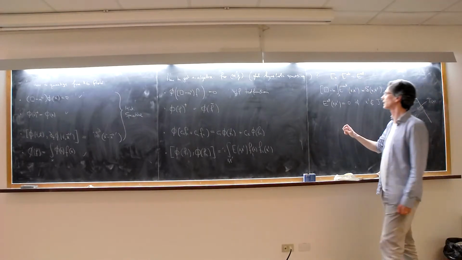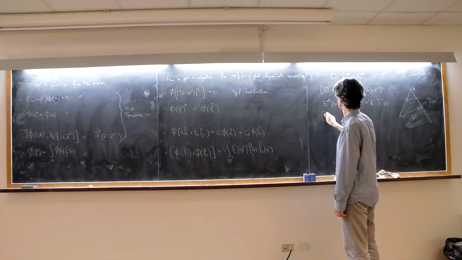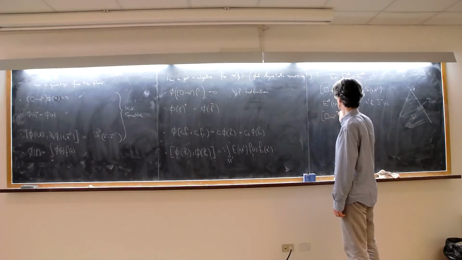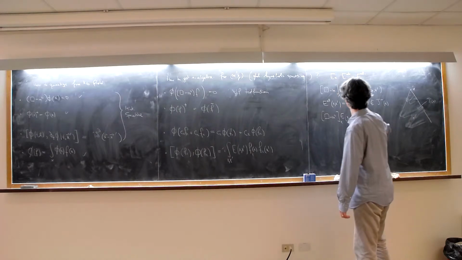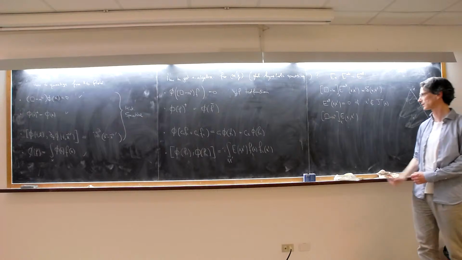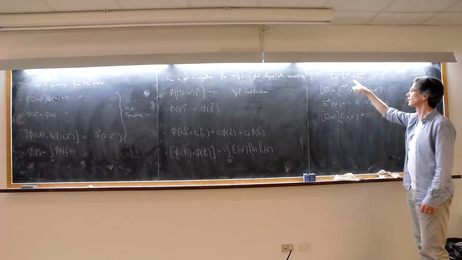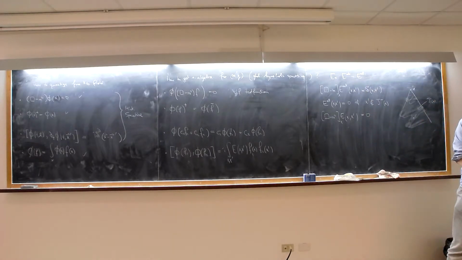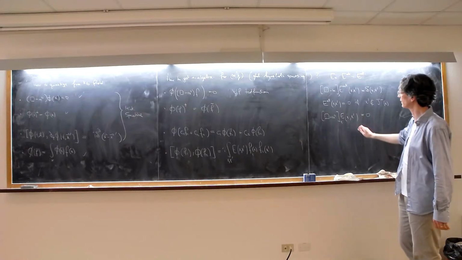So the E satisfies the homogeneous equation, because both are inhomogeneous solutions with the delta function source. This is the solution to the homogeneous equation. It's sometimes called the causal propagator.